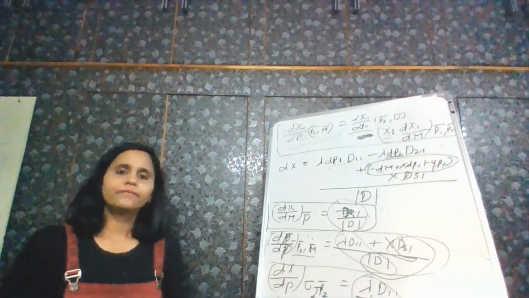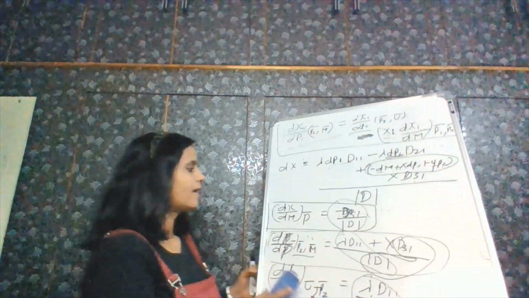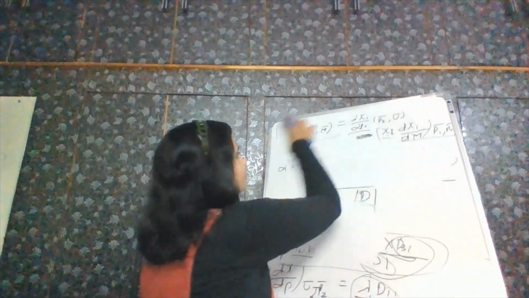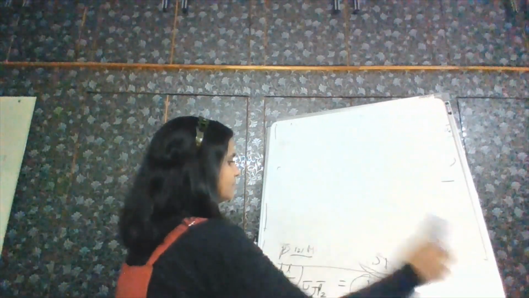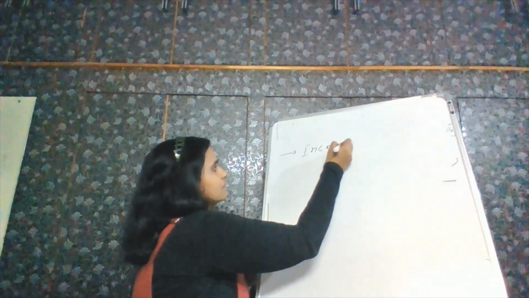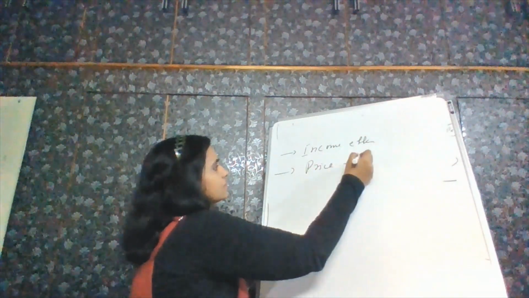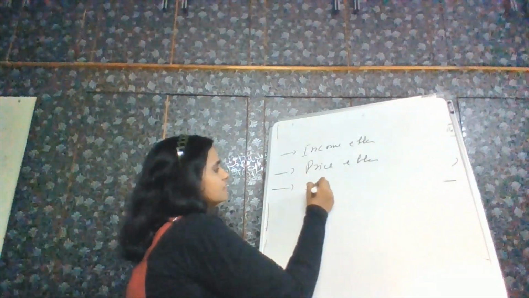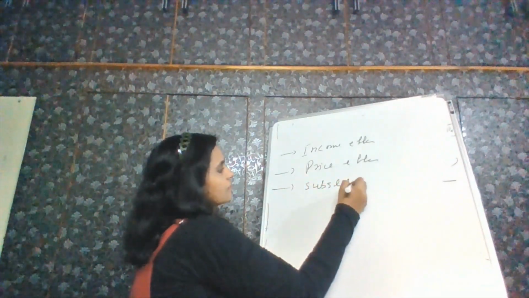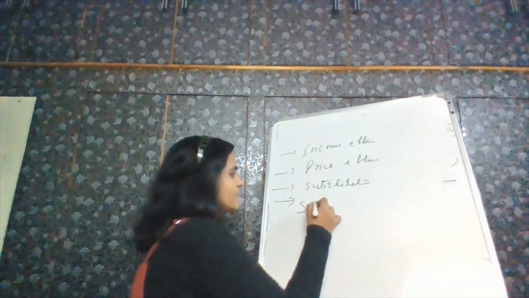Now just to give a brief summary of what we have seen today: we have seen income effect, we have seen price effect, we have seen substitution effect, then we saw the Slutsky equation.